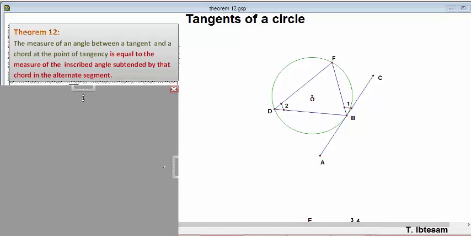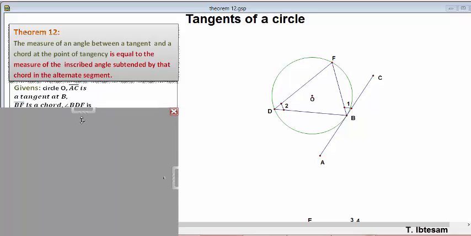First of all, we need givens. What are my givens here? We have a circle O, AC is the tangent. It's tangent to this circle at B. So B is the point of tangency.